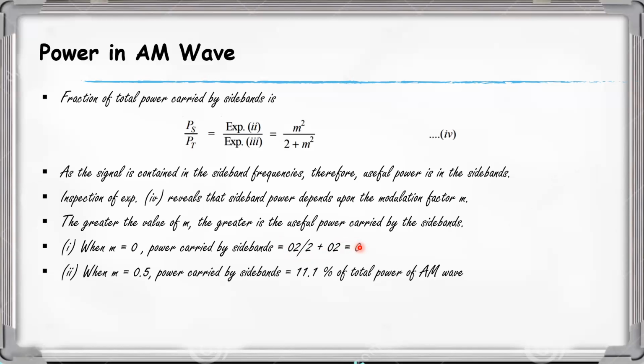And when M is equal to 0.5, the power carried by sideband can be obtained as 11.1% of the total power. And when M is equal to 1, the power carried by sideband is 33.3%.